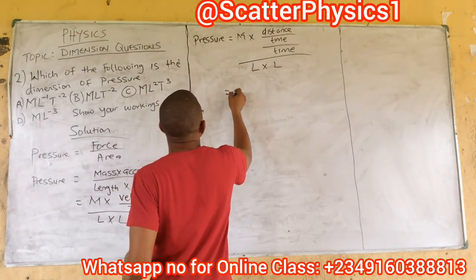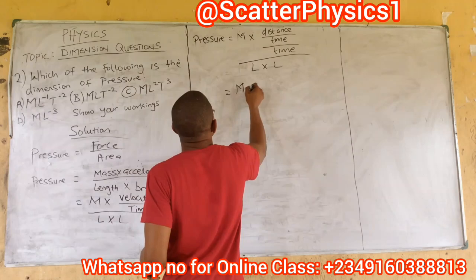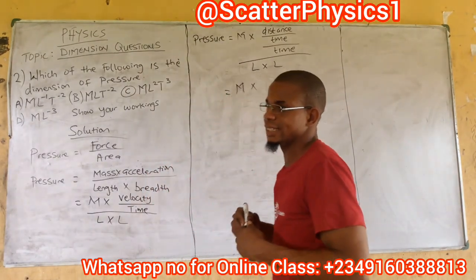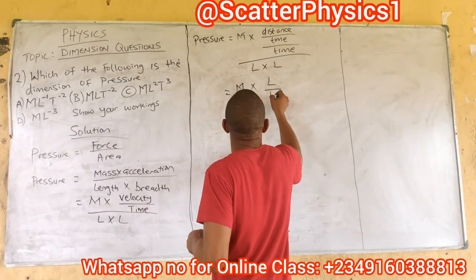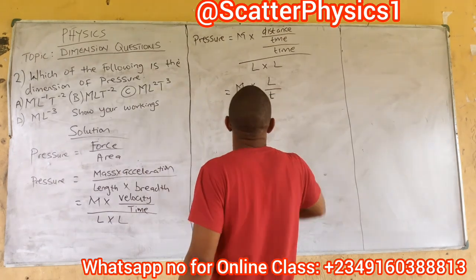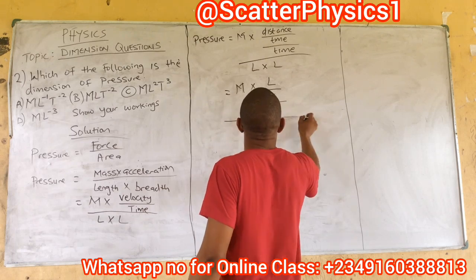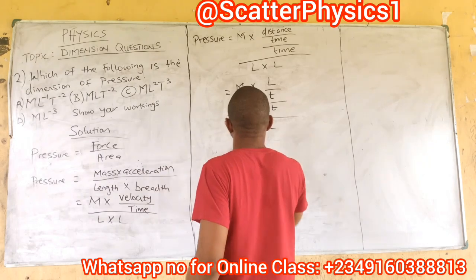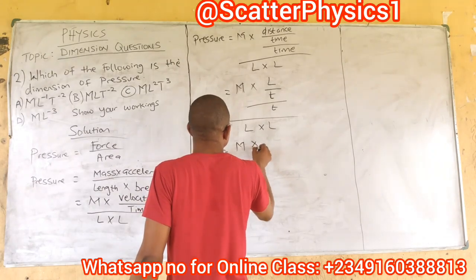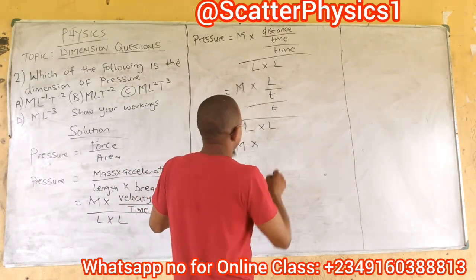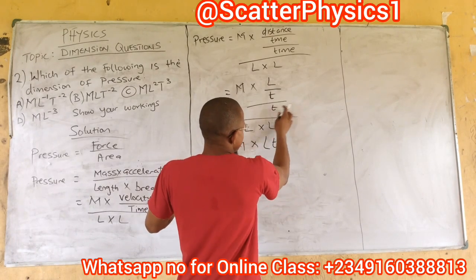Then we come again: M times our distance, which is L, over T, over T, over L times L. So let's deal with this first one, which is M times L T minus 1.